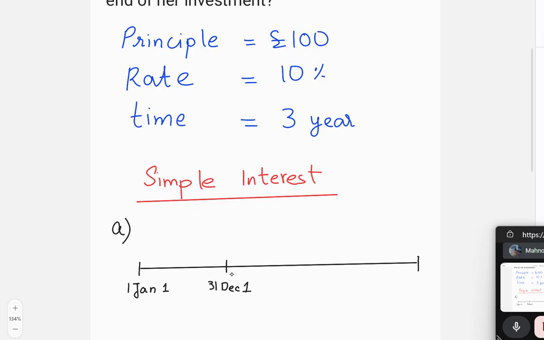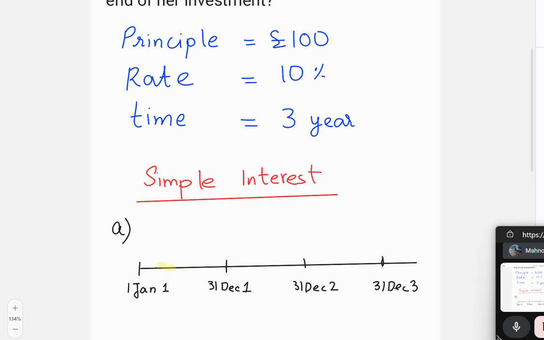Right next to the end of the first year would be 1st January, so there's no need to write it again. I'm just going to move on to the end of the second year, which is 31st December 2, and here it's going to be 31st December 3.